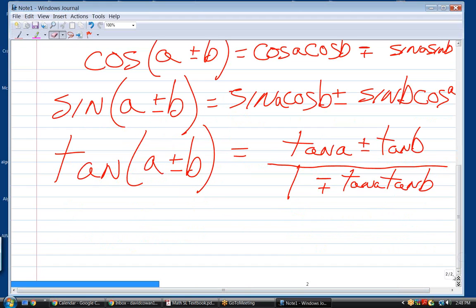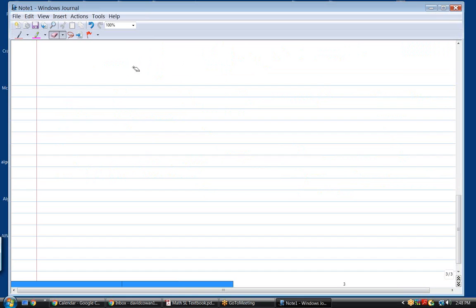Okay. So the last thing we need to go over is double angle. In terms of your identities, there's no other identities that you need to know? You've got the sum and difference, you've got the double angle, you said you haven't covered the half angle. Have you covered power reducing?